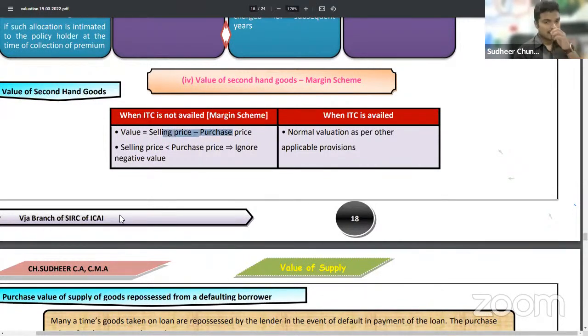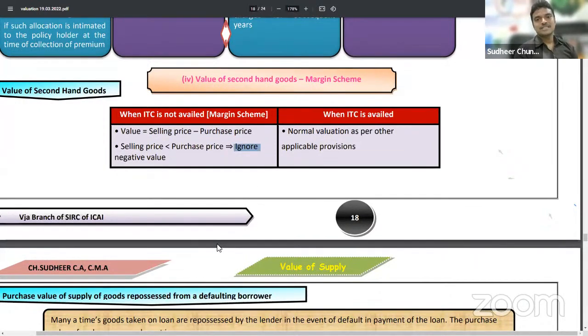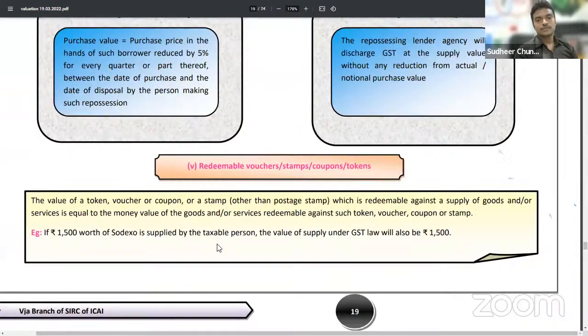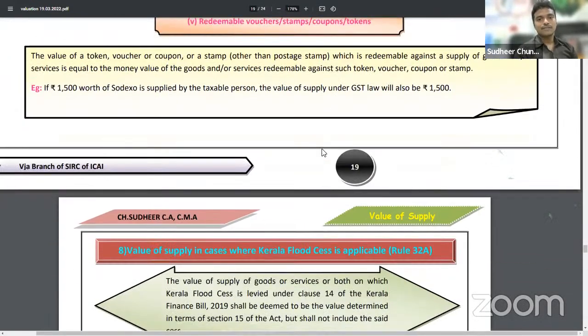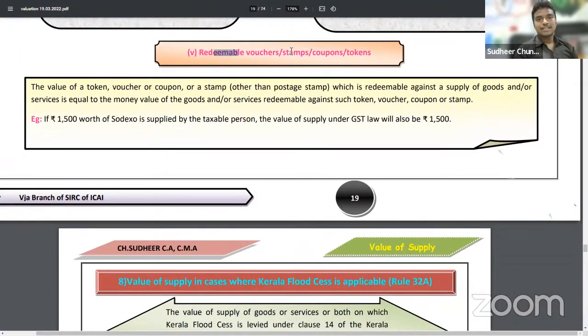Selling price minus purchase price will be regarded as the value of supply. Sir, if we sell for a loss, then ignore, leave it. So this is the provision which was given for second-hand goods. Coming to the next one, an example is also given. You can go through that one if you want. Now coming to the next one, redeemable vouchers or coupons.